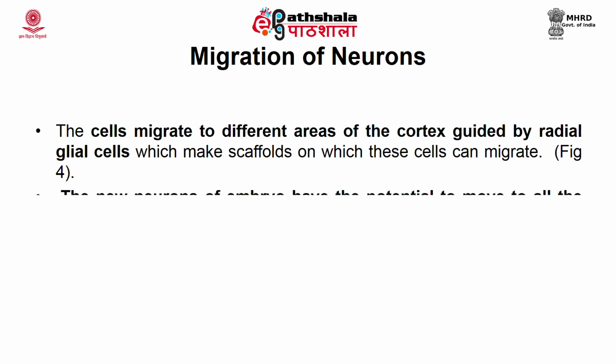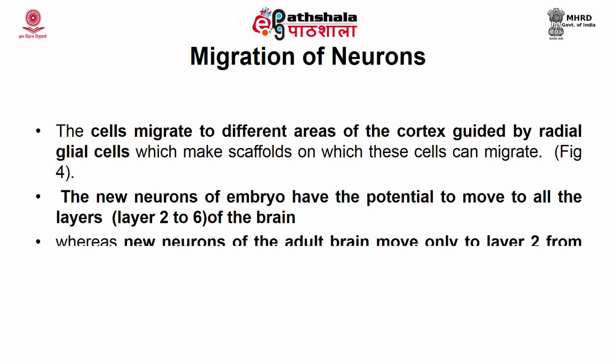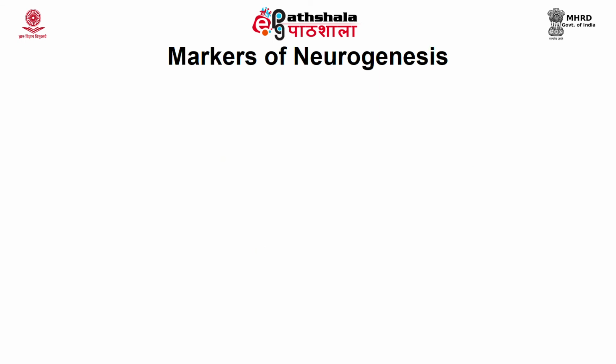The new neurons of the embryo have the potential to move to all layers of the brain, that is layer 2 to 6, whereas new neurons of the adult brain move only to layer 2 from layer 1, that is, from the ventricular zone to the subventricular zone only.